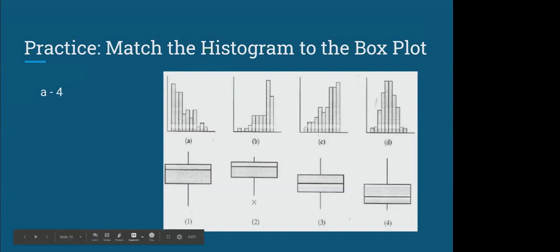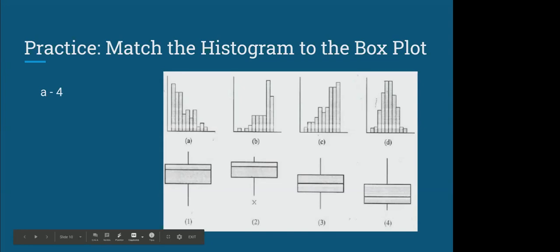Okay, so my question is, we're looking at histogram B. So I said in histogram B, first of all, let's critically analyze what we see. And I said, remember, an outlier is some data that is not connected to the main body of the data.